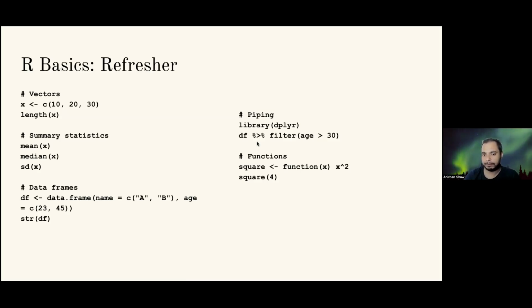What pipe does simply is to let you pass your first parameter, as we call it in R. What are parameters? Parameters are the inputs to a function. So in mean(x), x is the parameter and mean is the function. Median is the function, x is the parameter that you're putting. It's also called an attribute sometimes, but these are basically the inputs you're putting.